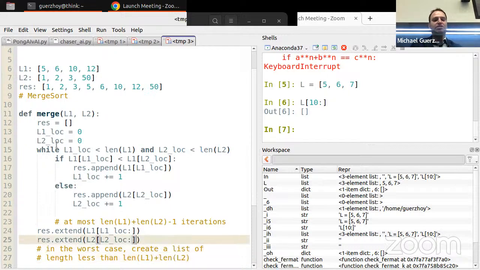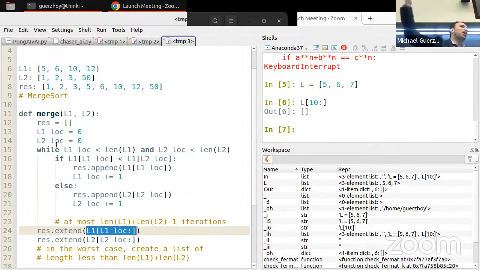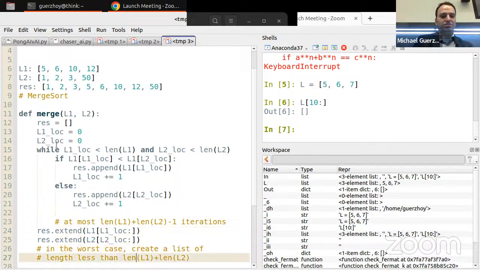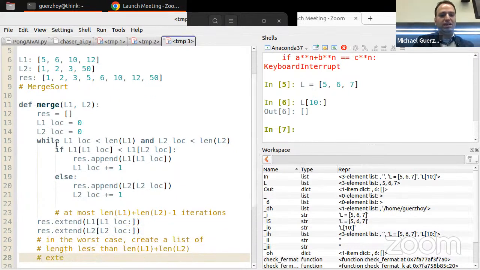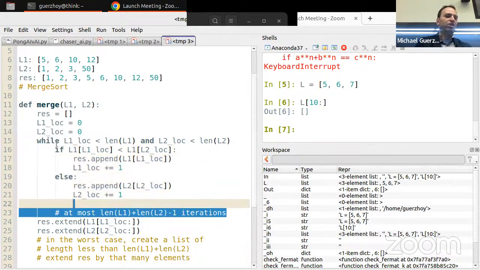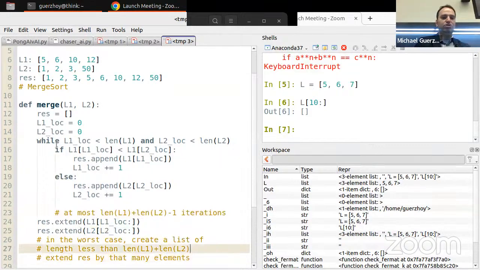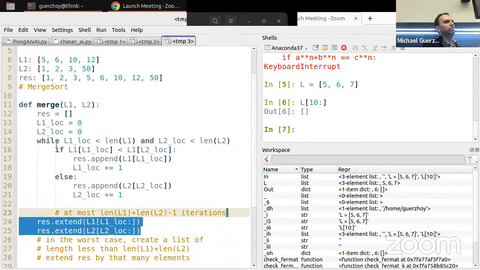That's because it might be the whole of L2, or it might be the whole of L1. Just as an upper bound, you're not going to have to create a list that's longer than length of L1 plus length of L2, and extend res by that many elements. So this component is proportional to length of L1 plus length of L2, and also this part is going to be proportional to length of L1 plus length of L2.